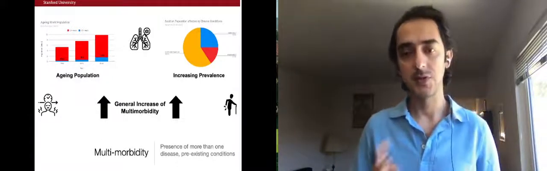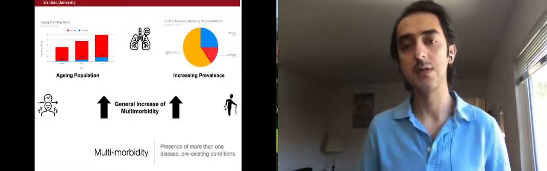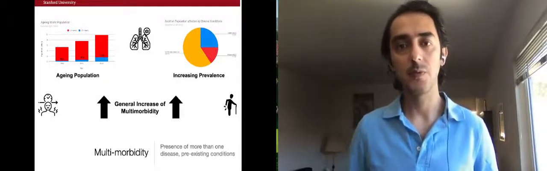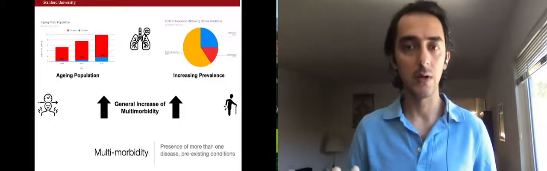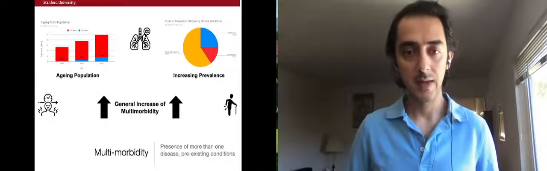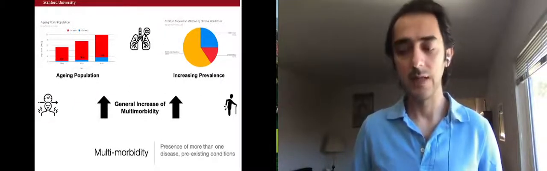So let's start by looking at what multimorbidity is. Multimorbidity is a term used to define the presence of more than one disease or pre-existing conditions. And as the proportion of aging population increases throughout the world, multimorbidity is increasing in prevalence, and it is becoming a bigger and bigger problem in the healthcare system.